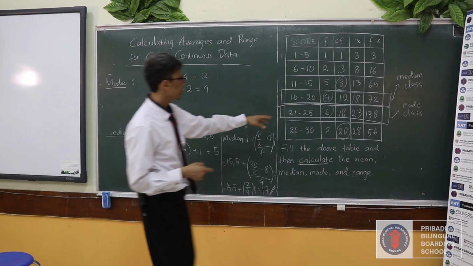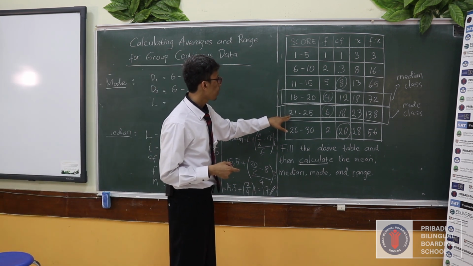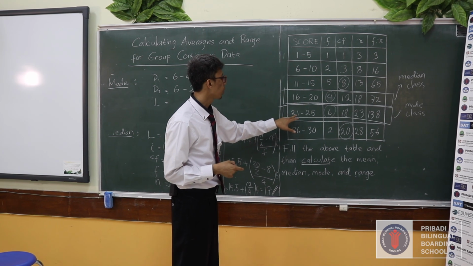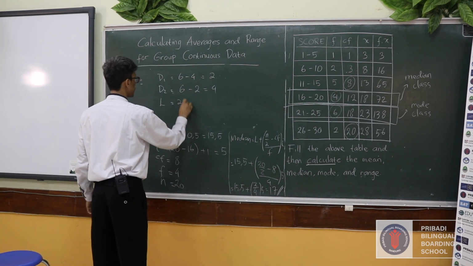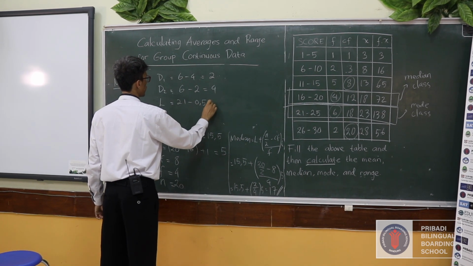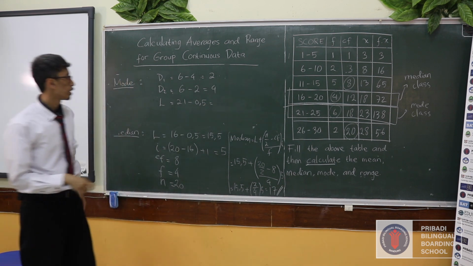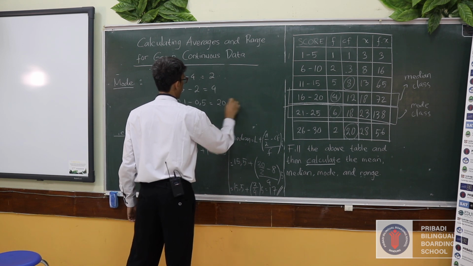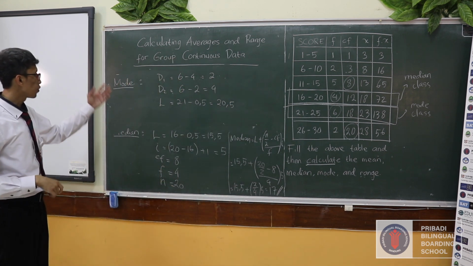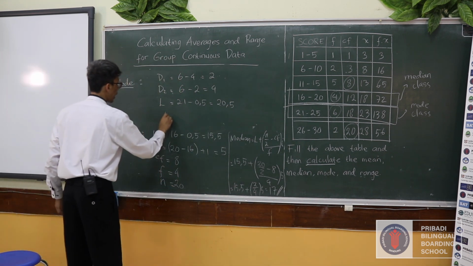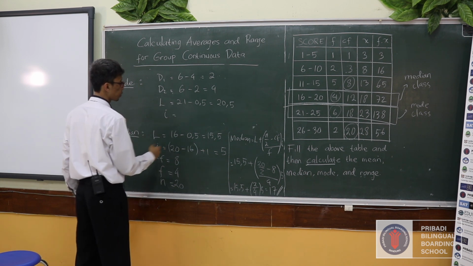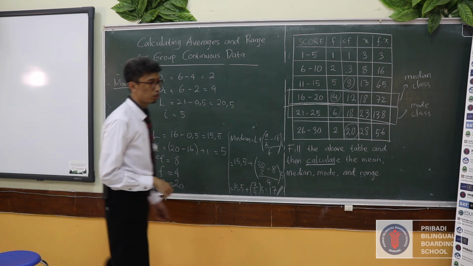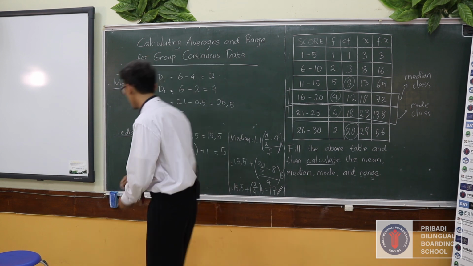In this mode class, the lower boundary is 21 subtract 0.5, and then we got 20.5. Also I is the same as the previous one, which is 5. So directly we can use the formula.